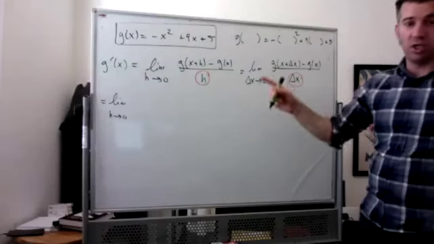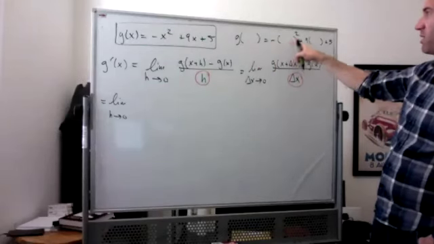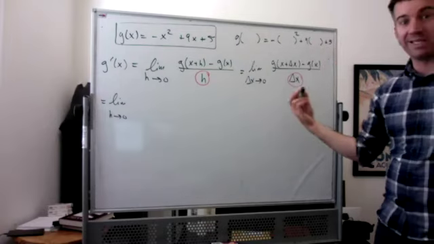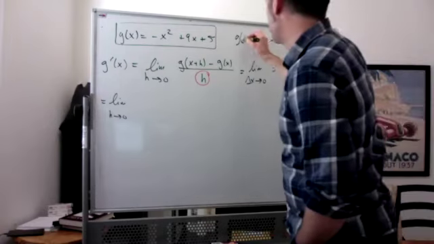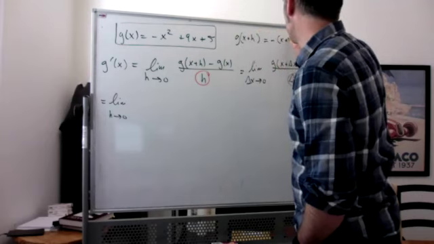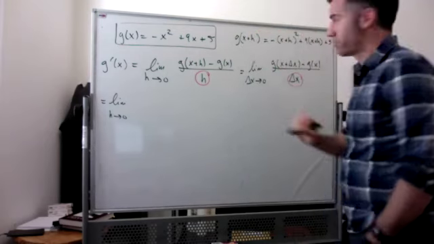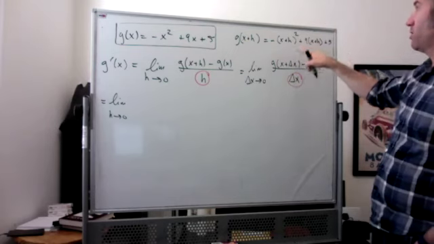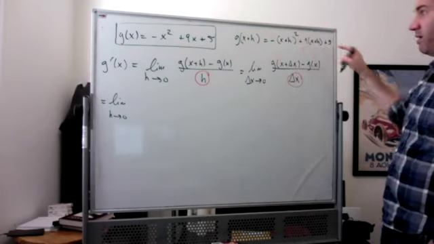I'm just saying g of a thing is minus the thing squared plus 9 times the thing plus 5. And here the thing, instead of being x, is x plus h. So g of x plus h is minus x plus h squared plus 9 times x plus h plus 5.